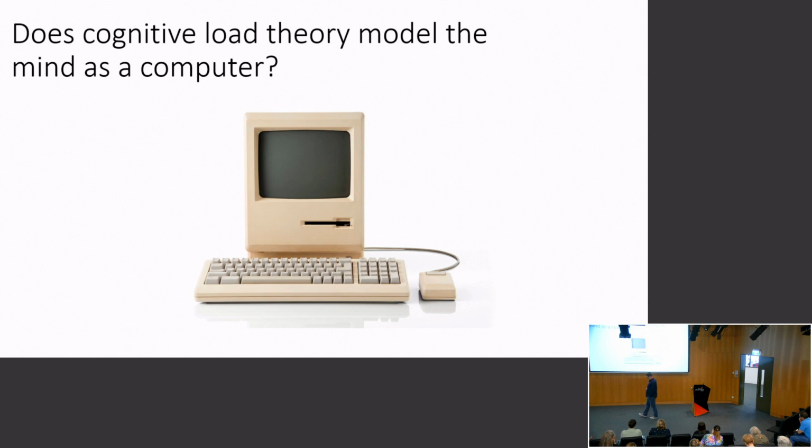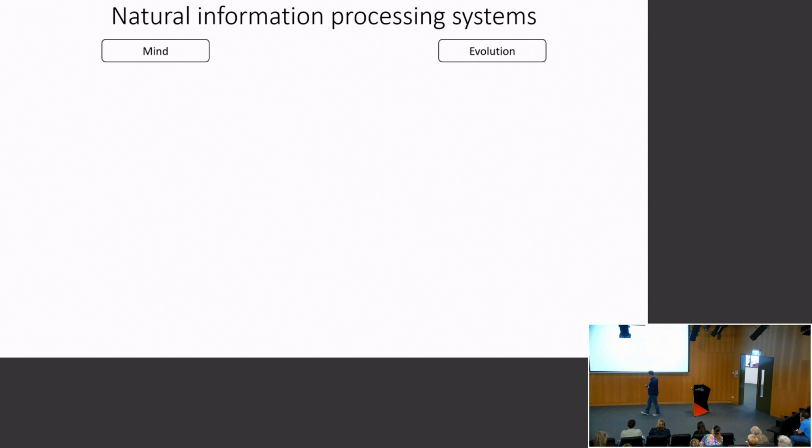But of course, it was flawed because it was based on the assumption that that's what cognitive load theory says, and it does not. Instead, cognitive load theory says that the mind is a natural information processing system, and the nearest analogy for that is evolution. So, in evolution, you've got information, and the information is in the genome.